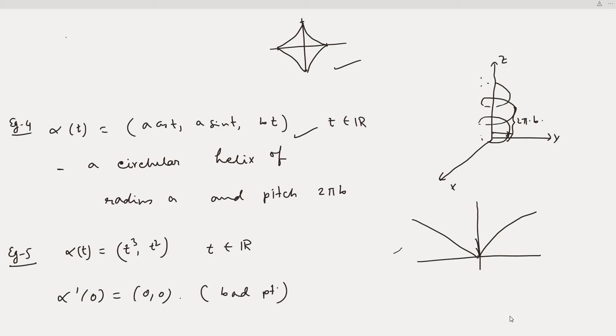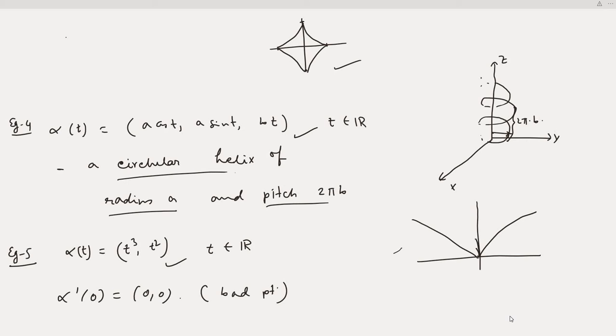And here is the most interesting example. This is the circular helix, with radius a and pitch 2 pi b. And example 5, alpha of t equal to the ordered pair (t cubed, t squared).